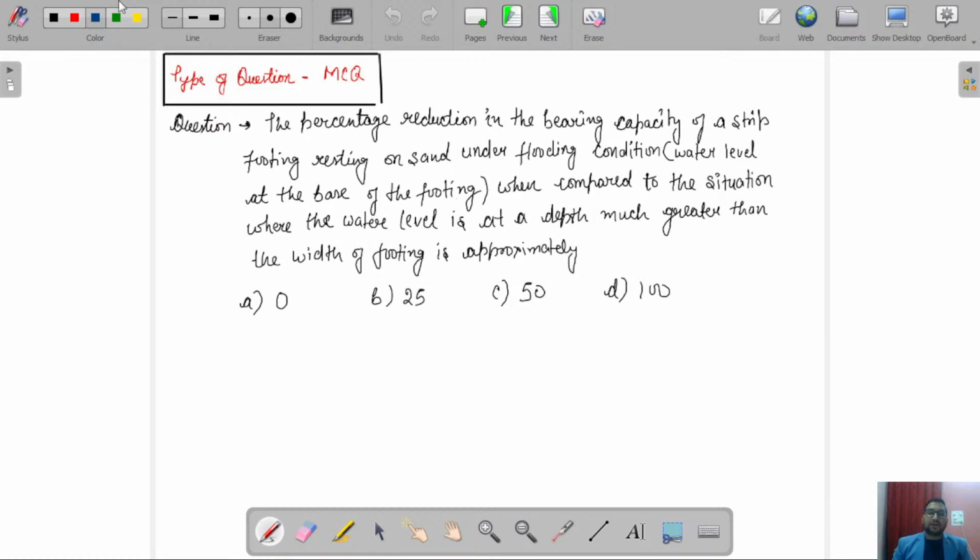Now let's see the effect of water table on the bearing capacity of soil. Now the question reads, the percentage reduction in the bearing capacity of strip footing resting on sand under flooding condition, where water level is at the base of the footing, when compared to the situation where the water level is at a depth much greater than the width of footing, is approximately.